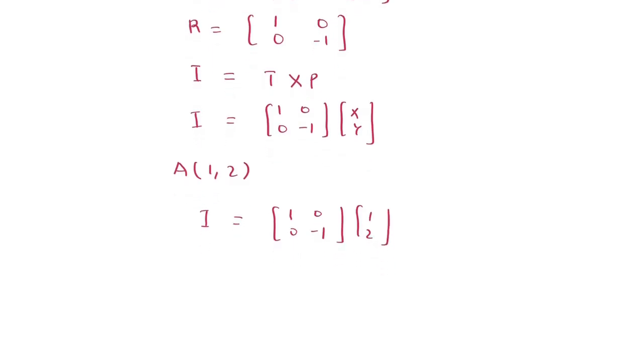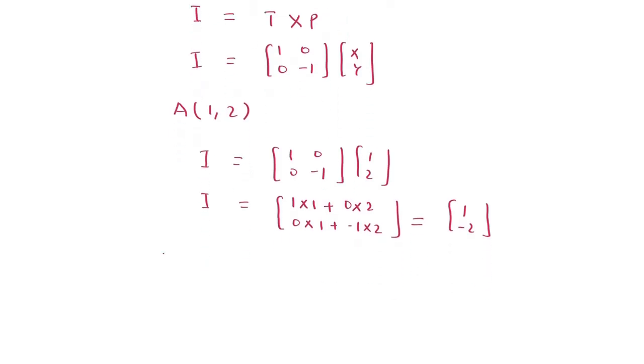Applying matrix multiplication, we are going to have image equals [1 times 1 plus 0 times 2, 0 times 1 plus -1 times 2], of which, solving this, we are going to have [1, -2].